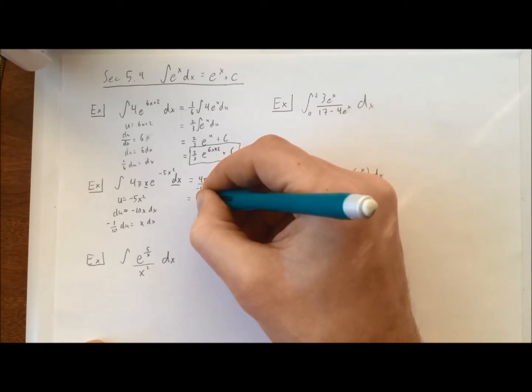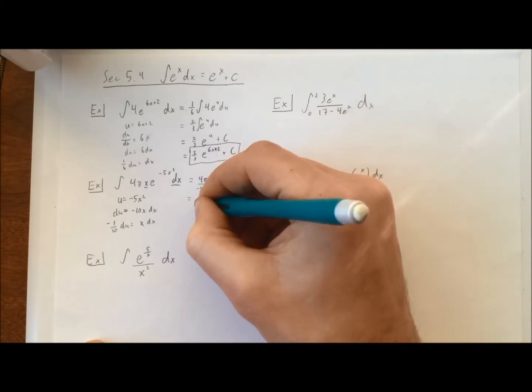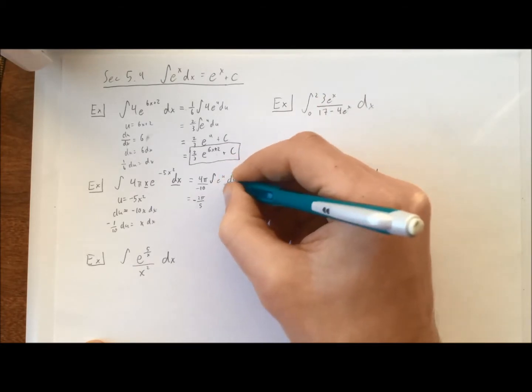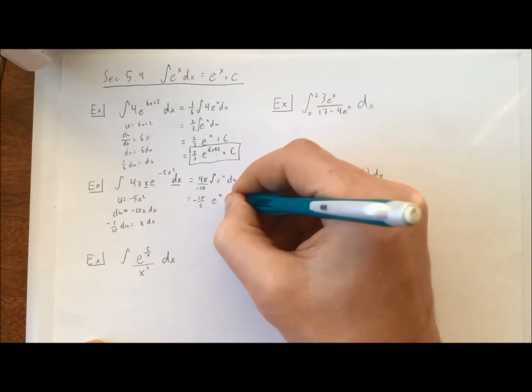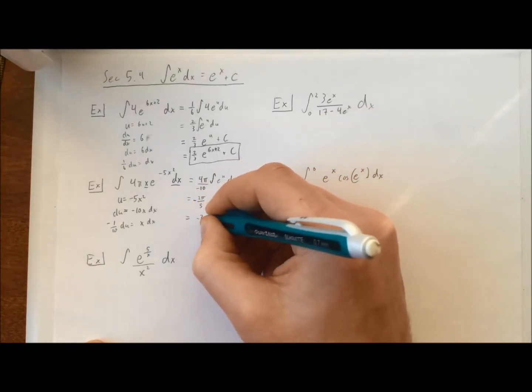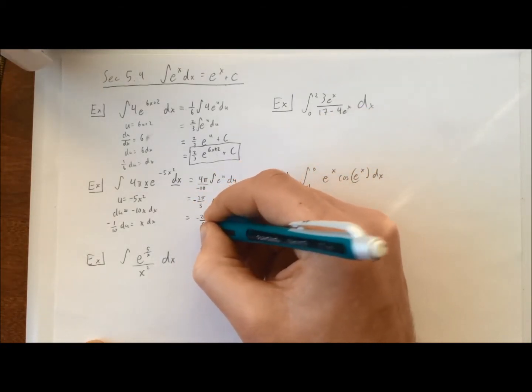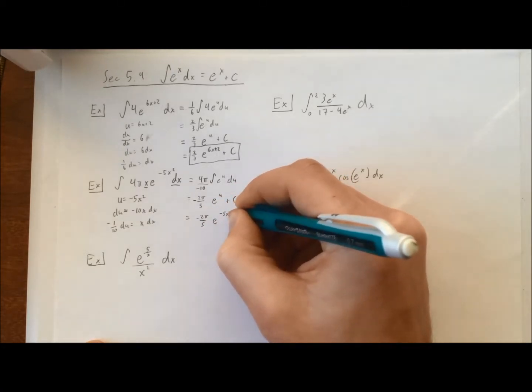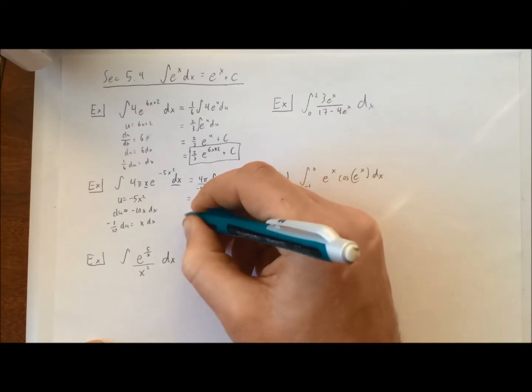I can reduce this to 2 pi over 5 with a negative out front. And the antiderivative of e to the u is just e to the u plus cookies. And we're going to get negative 2 pi over 5 e to the negative 5x squared plus c, once I back substitute.